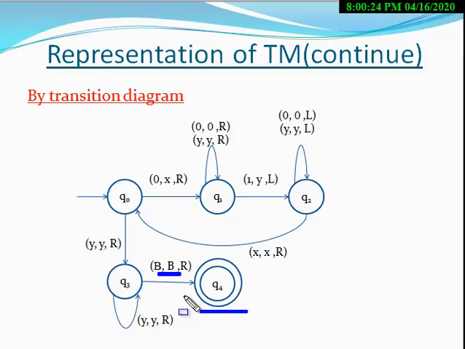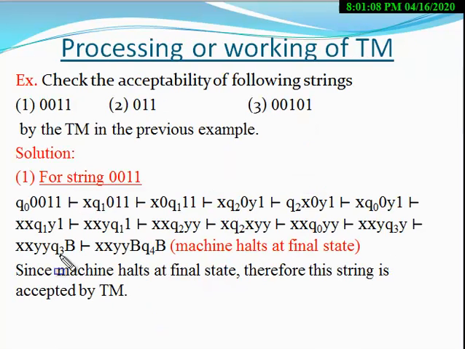So in this case, two actions are applied here. The first action, machine change its state from Q3 to Q4. The second action is the head of the machine move to the right direction. Okay, so now apply these two rules here. Now when you apply this transition rule, we get the following ID. State change from Q3 to Q4 and the head of the machine move to the right direction.